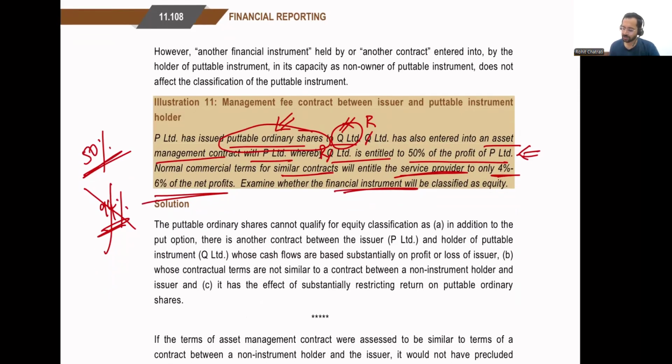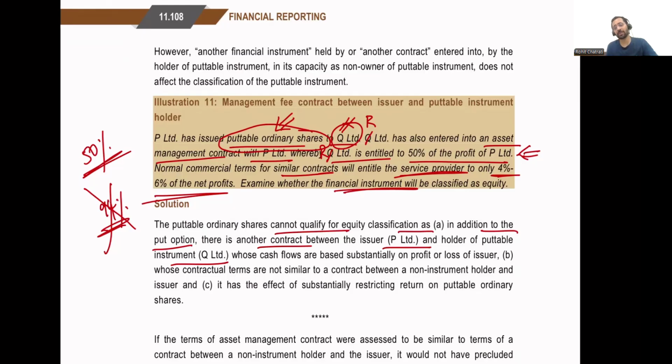All right, so let's read the solution. The puttable ordinary shares cannot qualify for equity classification as, in addition to the put option, there is another contract between issuer and the holder, which is Q Limited. Over here, it is not necessary that the contract should exist between P and Q. It can also exist with another party. The answer does not change just because Q Limited is having the contract.